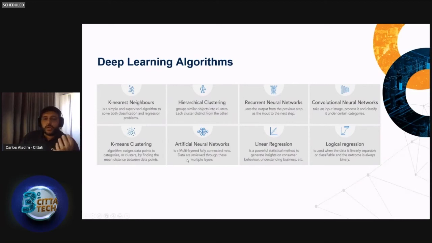We have the artificial neural networks that we talked about here, and how they work. Being more specific, we have the recurrent neural networks that are artificial neural networks that use the output from the previous step as the input to the next step. So in a lot of situations, it has a better performance than a classic artificial network.